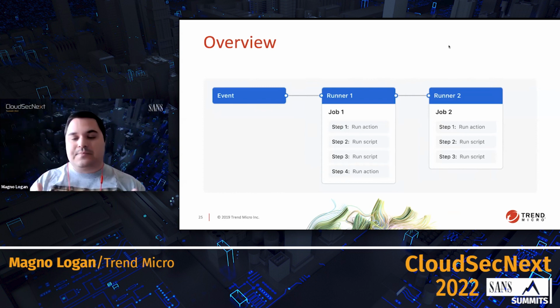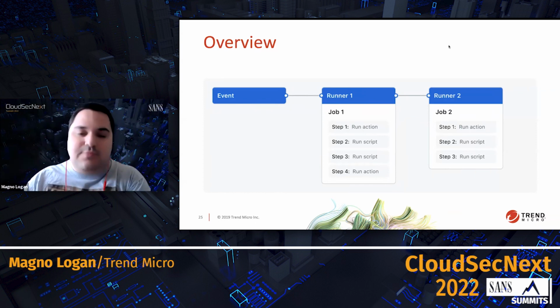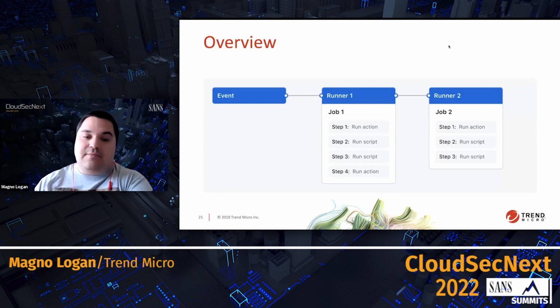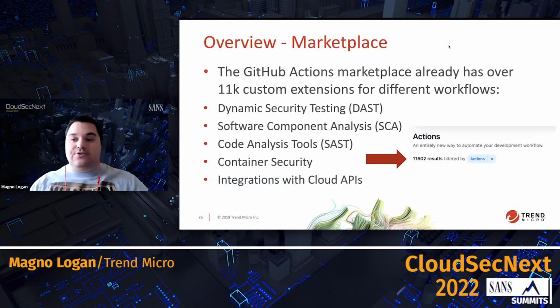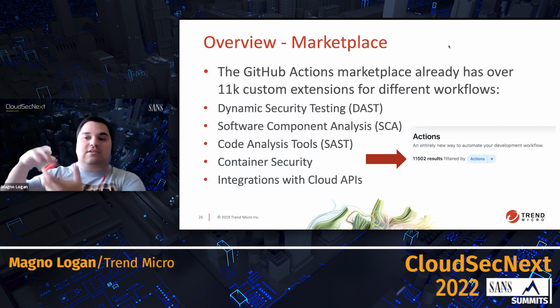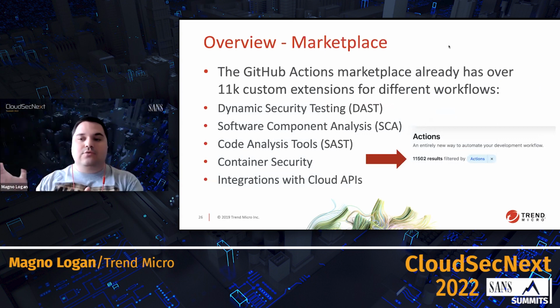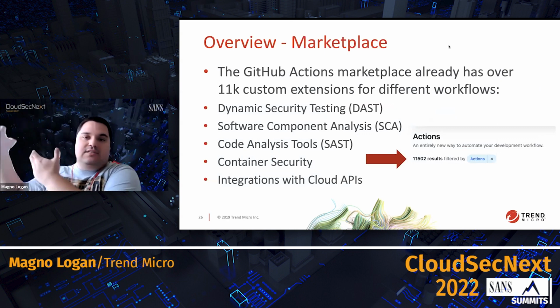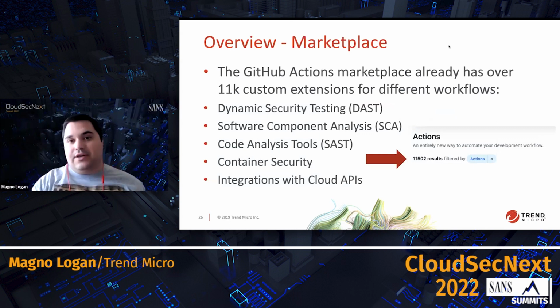And that's one of the neat things of GitHub Actions, and why I think it's getting so much adoption: the third-party actions, or the GitHub Actions Marketplace. And the marketplace is increasing by a lot. Anyone can develop their own actions and publish them to the marketplace.